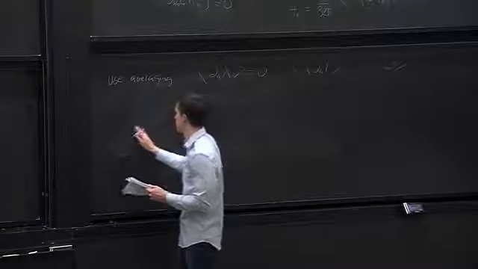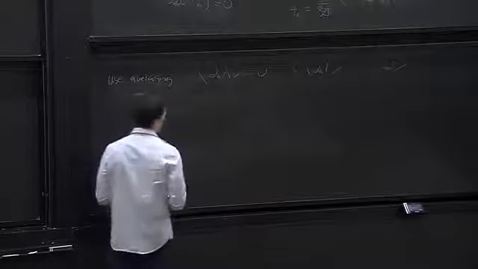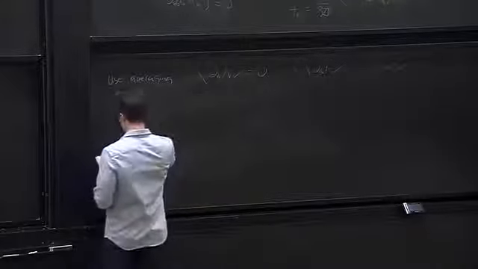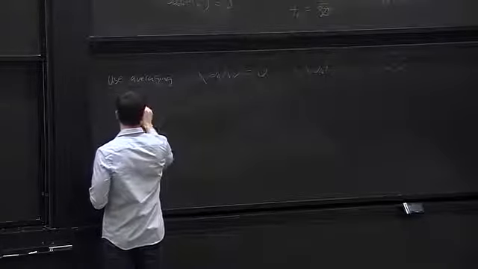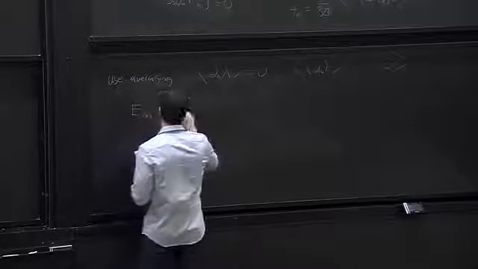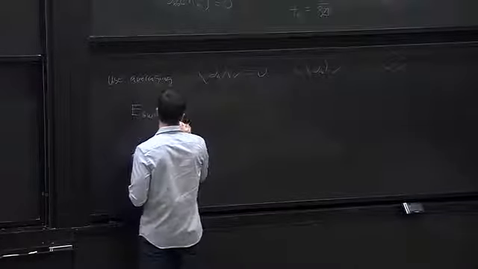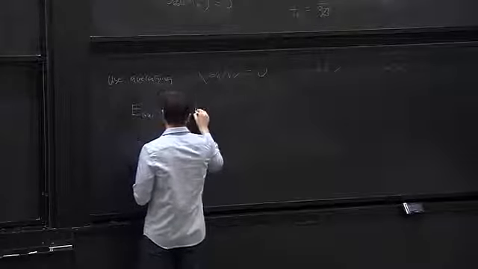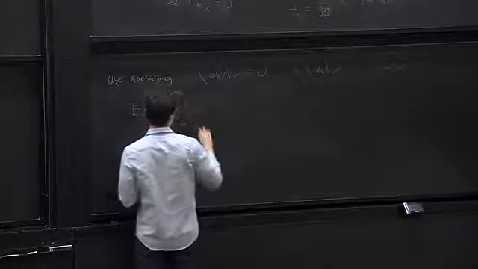And then we can use that to now define an energy in gravitational waves. At some time, we just integrate over some slice of constant time our effective energy density.